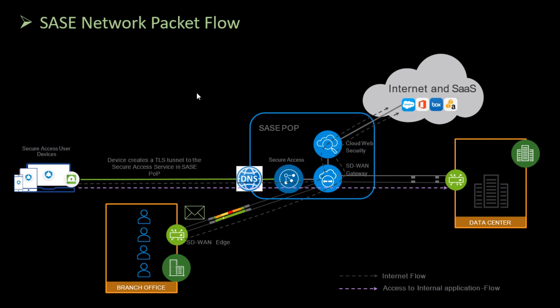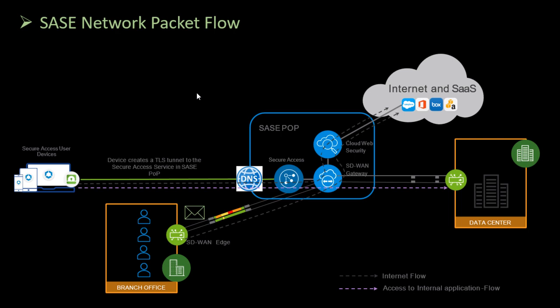Okay, so here we have represented the SD-WAN edge, the branch office, which is connected through the SASE POP, the Secure Access Service Edge point of presence, right, with the help of the SD-WAN gateway. And similarly, your remote access users are also connected with the help of software to this particular secure access node in the SASE POP, right?